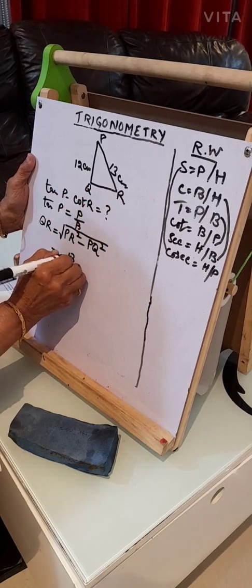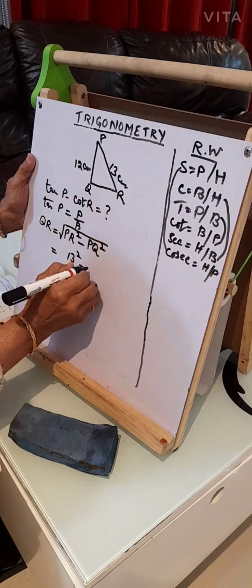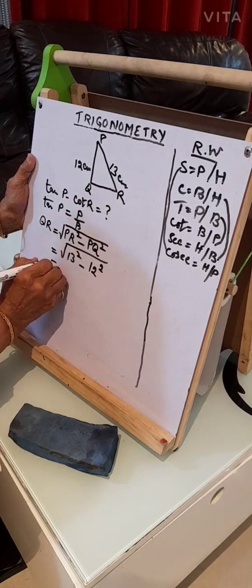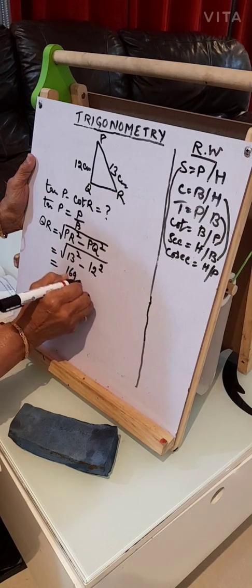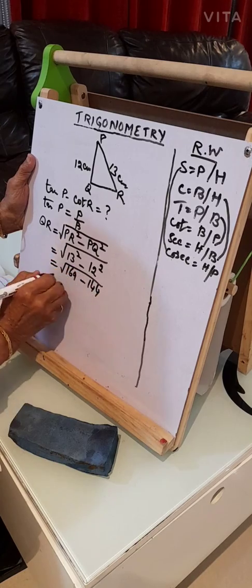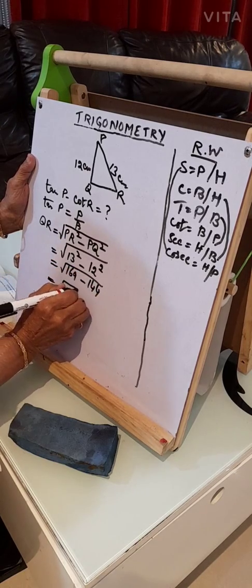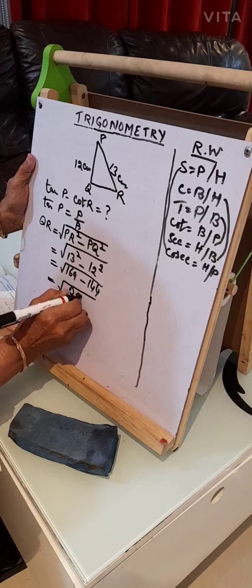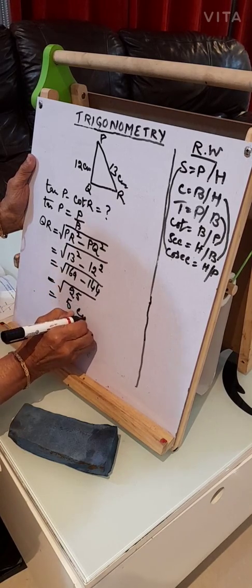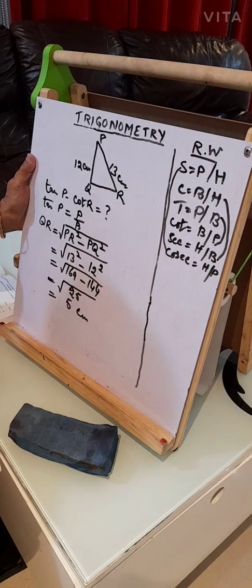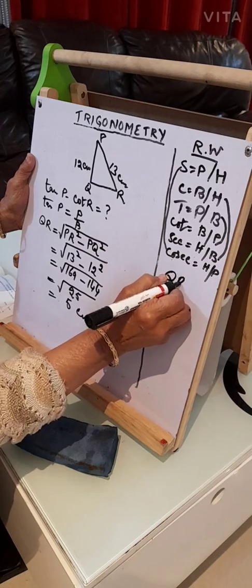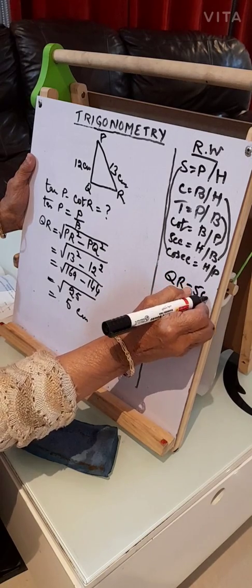PR is 13 square minus PQ is 12 square, whole under root. 13 into 13 will be 169 and 12 into 12 will be 144, whole square root. So it will give you the square root of 25, so it will be 5 centimeter. Which line is 5 now? It is QR. QR is equal to 5 centimeter. So let me write here QR is equal to 5 centimeter.